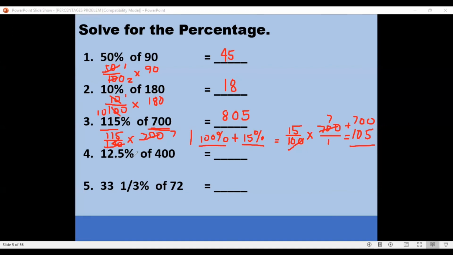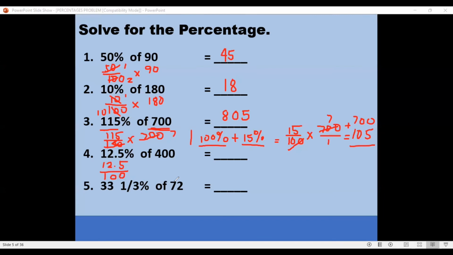Now, we have here 12.5% of the 400. So as you noticed, we have a decimal percent here. But again, that's just the same. We will just get 12.5 and then over 100. Okay?